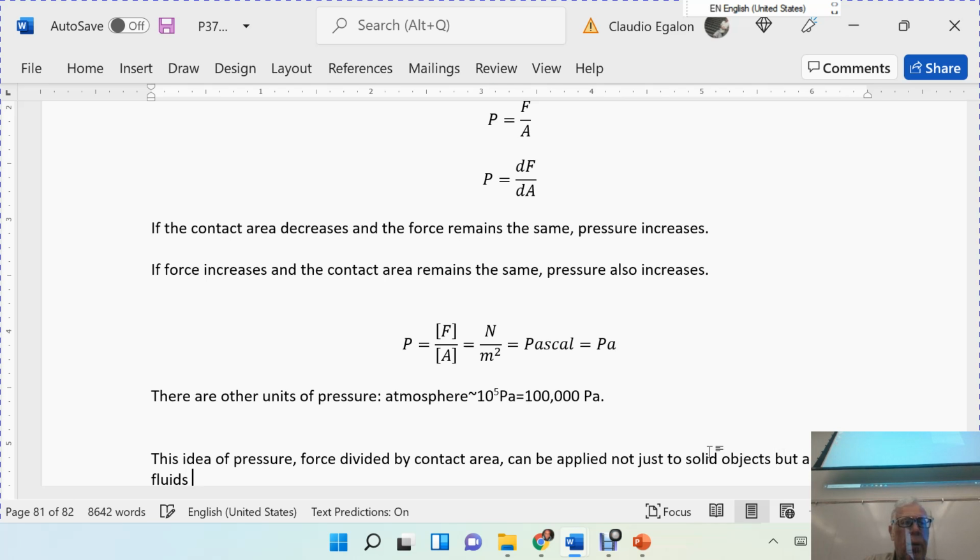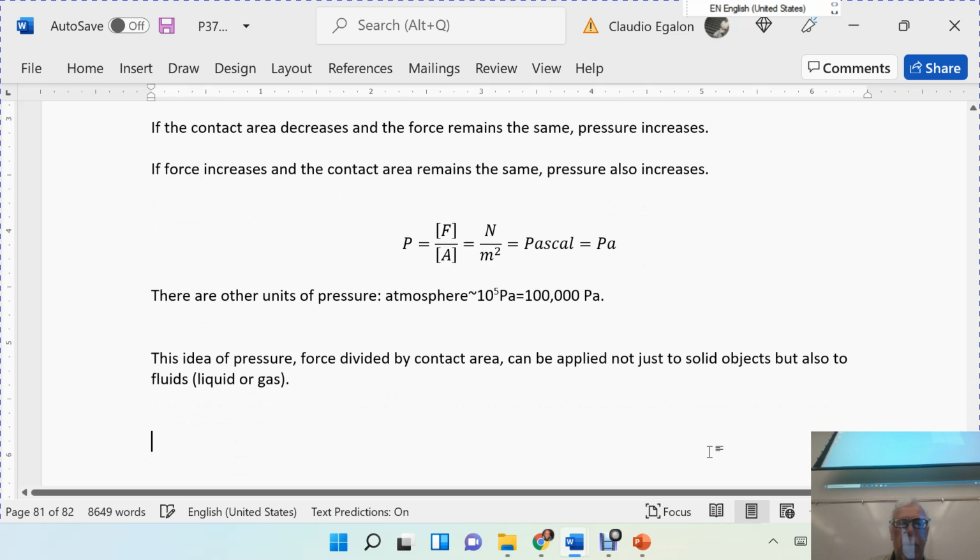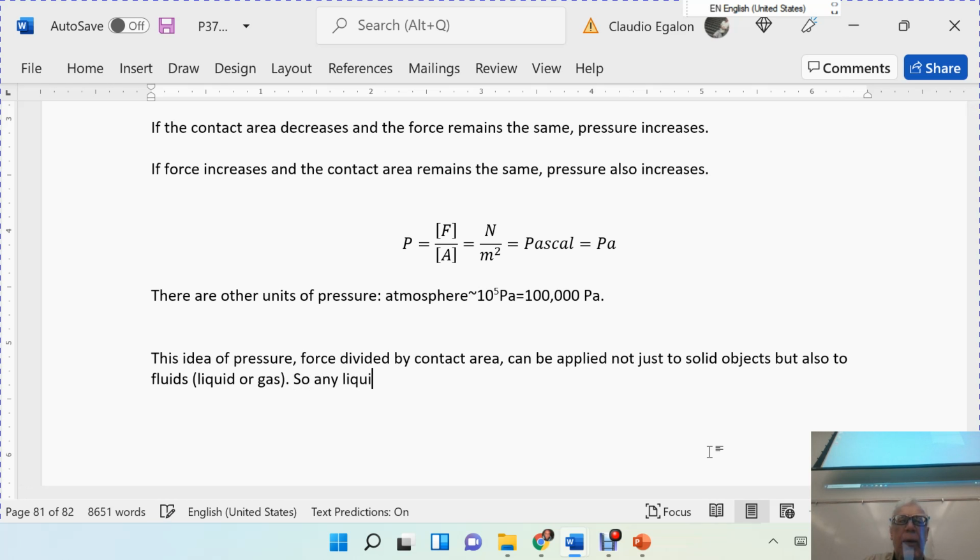And how do I define fluids? It's going to be either a liquid or a gas. So any liquid or gas above you exerts a pressure on you.